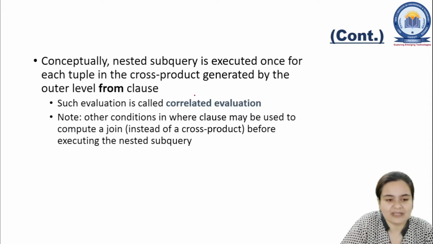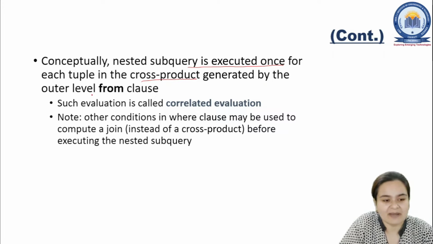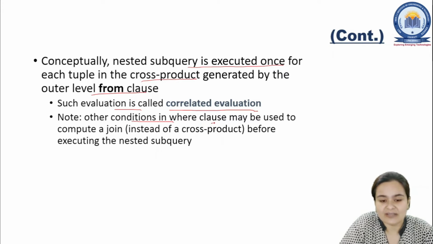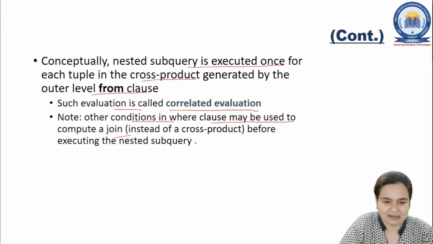Conceptually, the nested subquery is executed for each tuple in the cross product generated by the outer-level from clause. Such evaluation is called correlated evaluation. Note that the other conditions in the where clause may be used to compute a join instead of a cross product before executing the nested subquery.